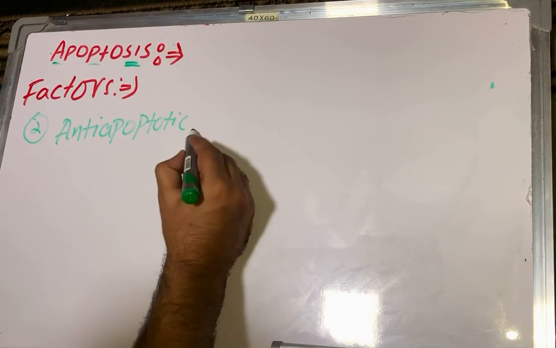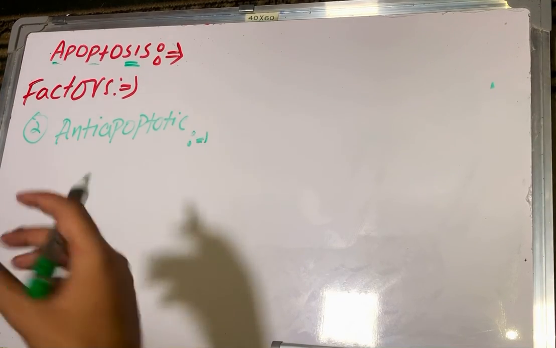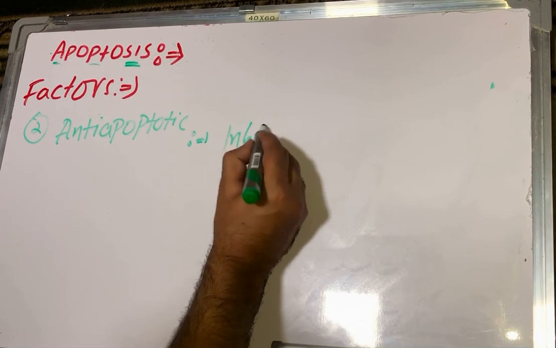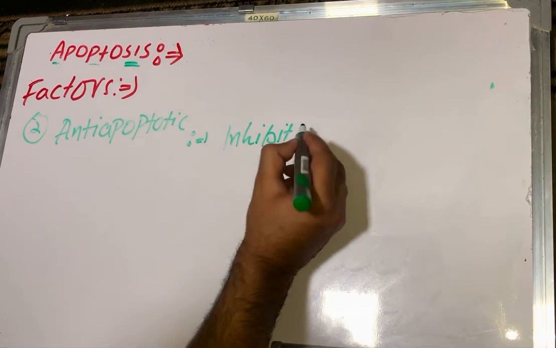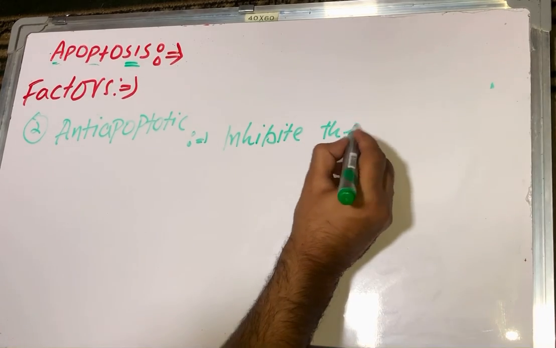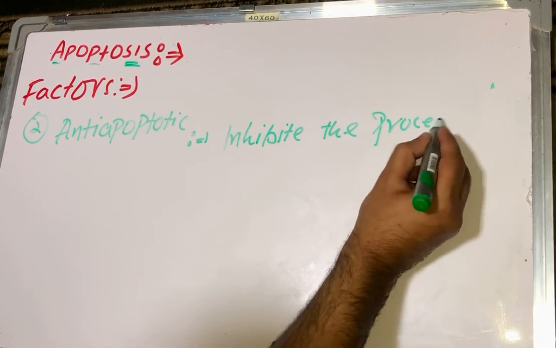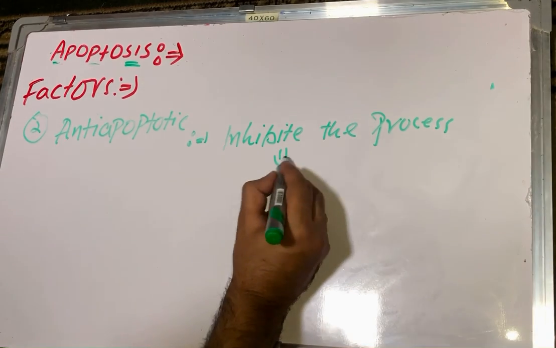Number second, anti-apoptotic factors. These are those factors that inhibit the process of apoptosis.